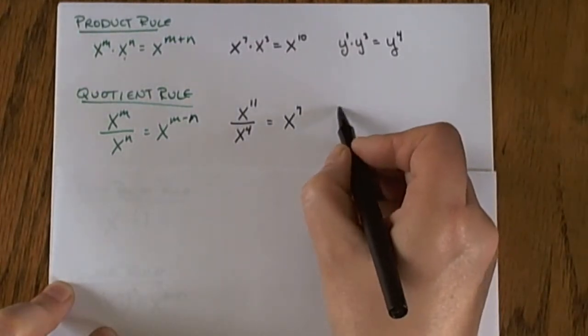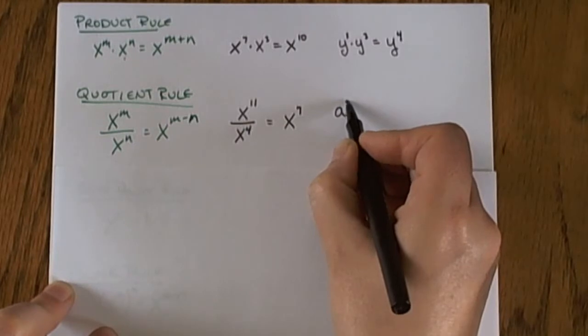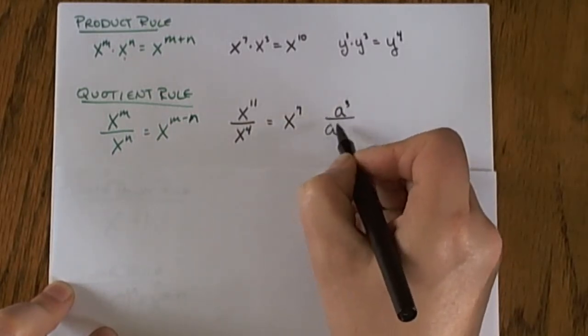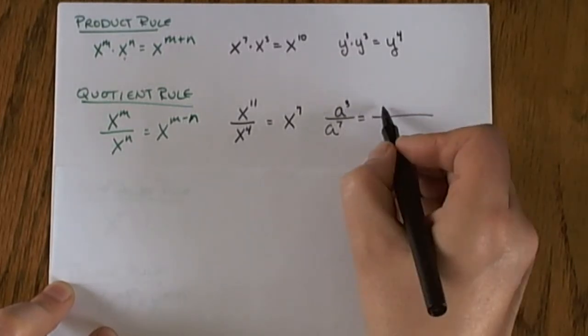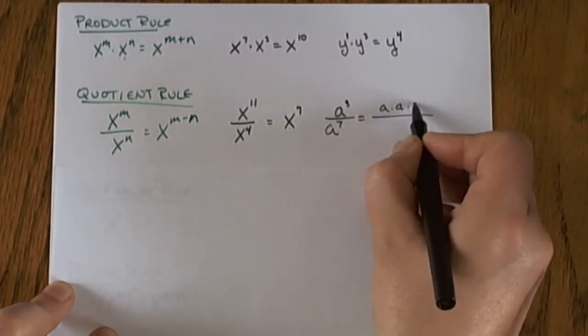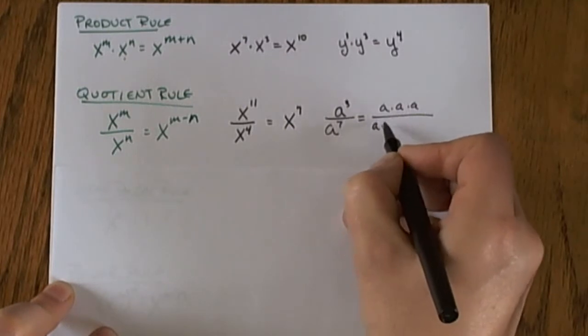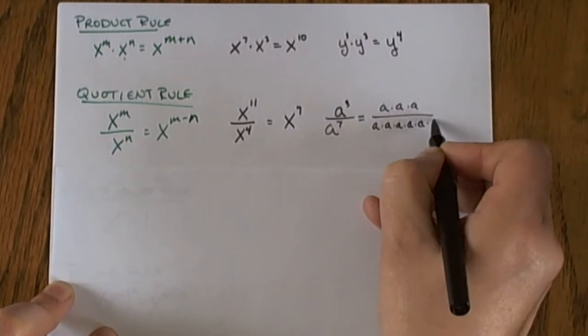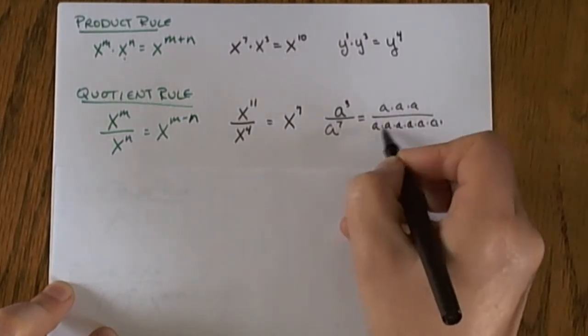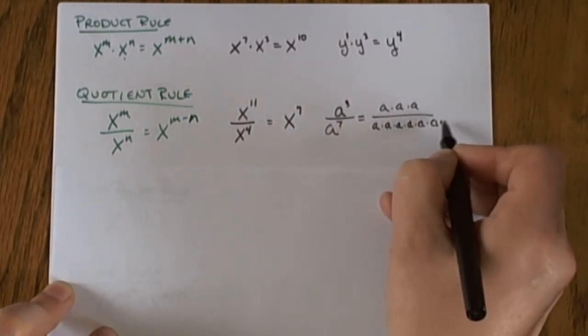So with that in mind, if we looked at a problem like a cubed over a to the 7th, I can think of, I have 3 a's being multiplied on the top, and 7 on the bottom. Let's see, 1, 2, 3, 4, 5, 6, one more.